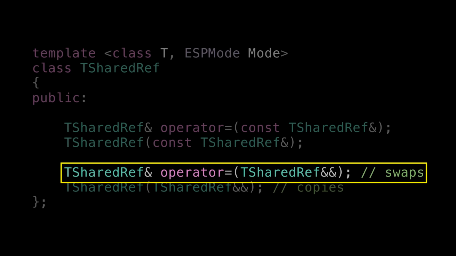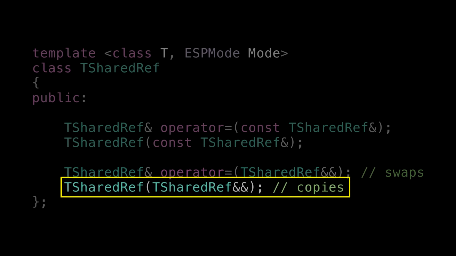So in order to efficiently move the source into the destination, they just swap the internal pointers between source and destination. They don't have to update any reference counts. The destination now points at what the source was pointing to, which is what we want assignment to do. And the source fulfills the postcondition of being in a valid but unspecified state. It's pointing to something else now, whatever the destination was pointing to before the assignment. So that's clever and is more efficient than copy assignment.